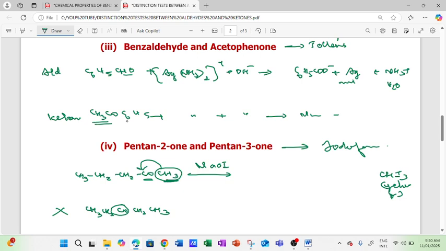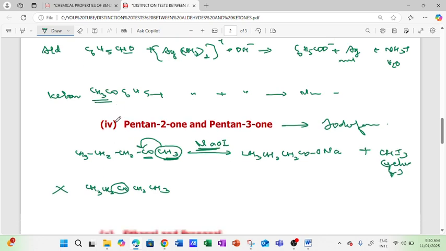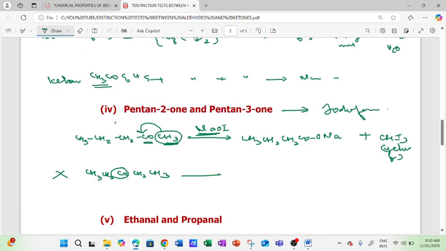Now the main product is CH3CH2CH2CO. After CO, instead of CH3, you write ONa. So COONa, the sodium salt of carboxylic acid. But for the second one, when you add NaOI, no characteristic observation.